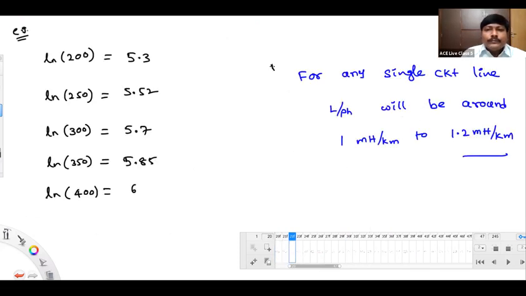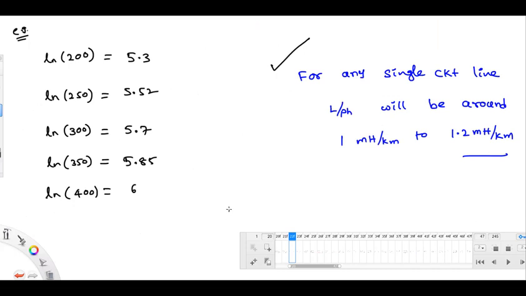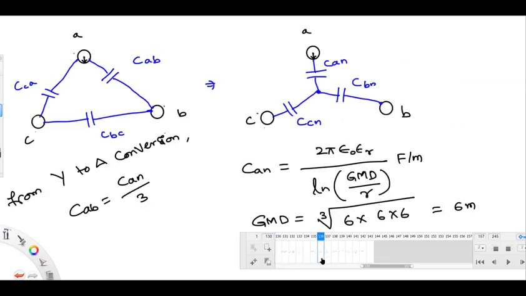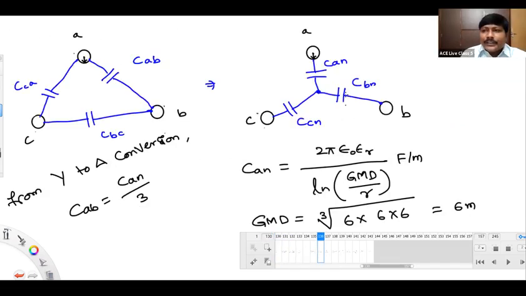This one. Sir, in slide number 136, why do we consider that CAV equals CAN by 3? From star to delta conversion. You might have studied this in networks. In star to delta conversion, the delta capacitance will be 1/3 of the star capacitance.